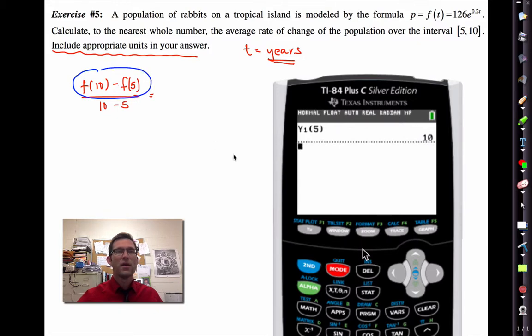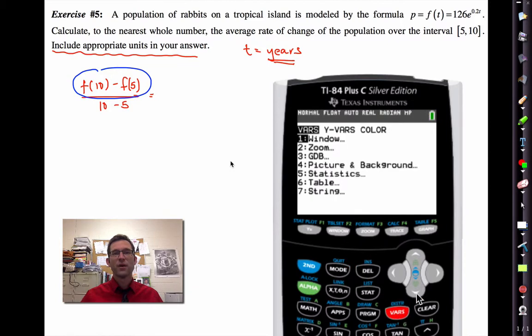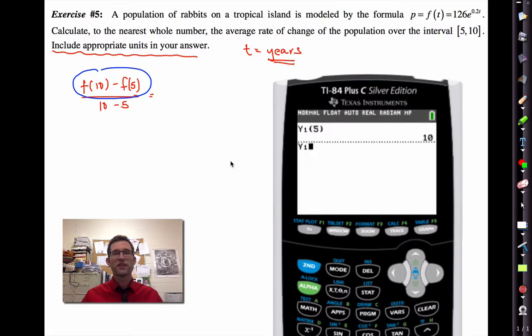So I go into vars, y vars, down to function. Stop here for a second, and then I hit enter. And now I'm going to put parentheses, 10, parentheses. Now, if I hit enter right now, it would literally tell me what the population of rabbits was on the tropical island after 10 years. I'm just looking for the average rate of change.